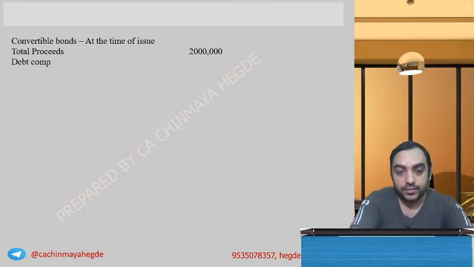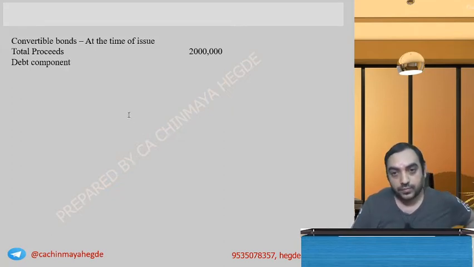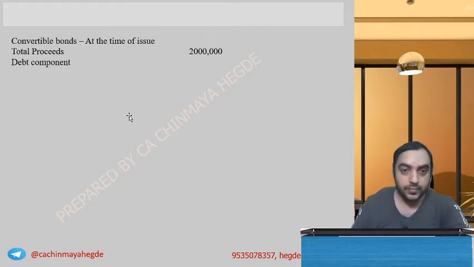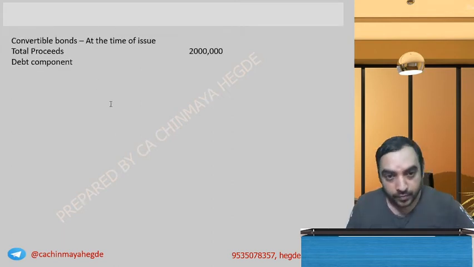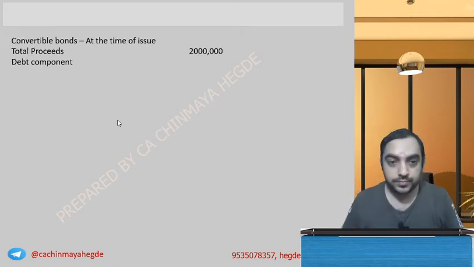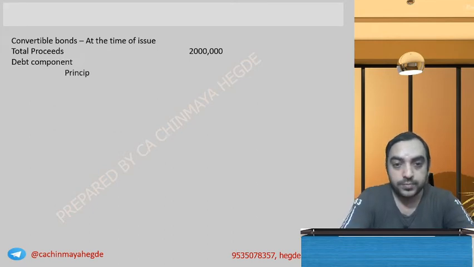Debt component: principal portion, 2 million into the discounting factor.